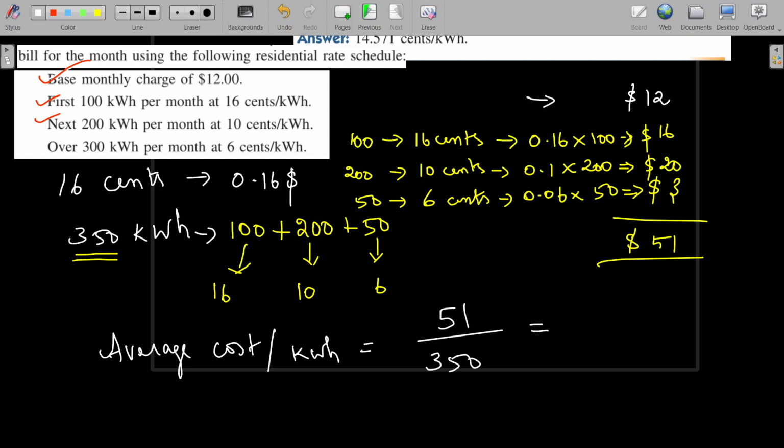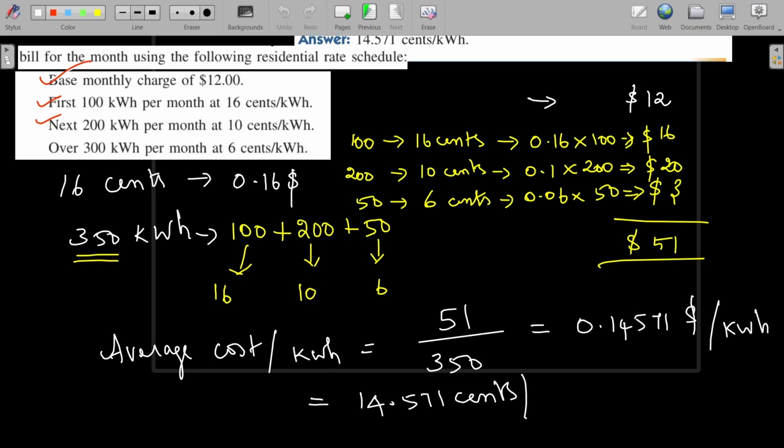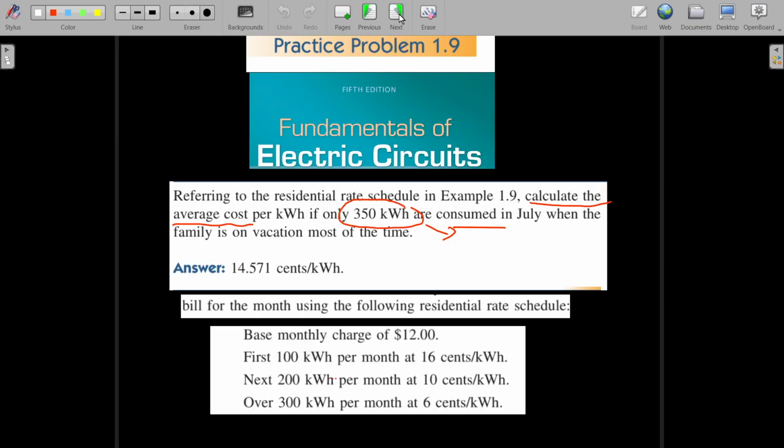That is equal to 0.14571 dollars per kilowatt hour, or this can also be written as 14.571 cents per kilowatt hour. This is the answer.